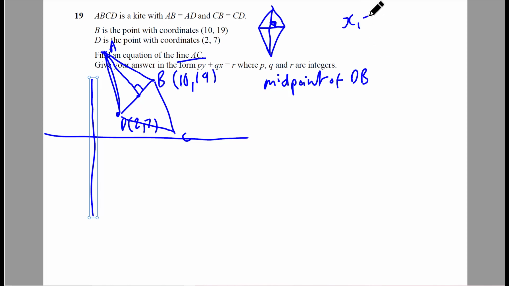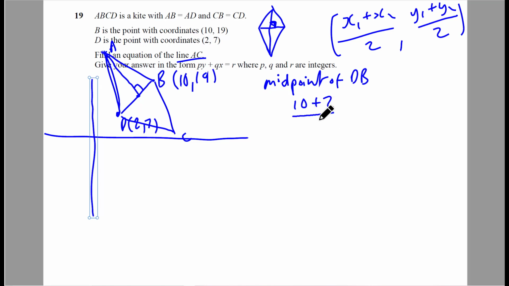So if you remember, x1 plus x2 over 2, and y1 plus y2 over 2, is going to give us the midpoint. So we're going to get 10 plus 2 over 2 and 19 plus 7 over 2, which is going to give us 6 and 13.